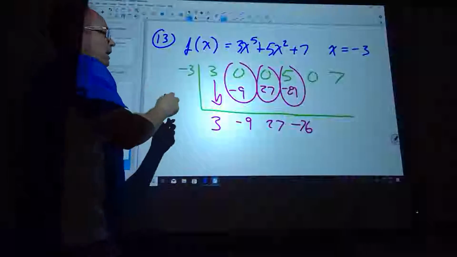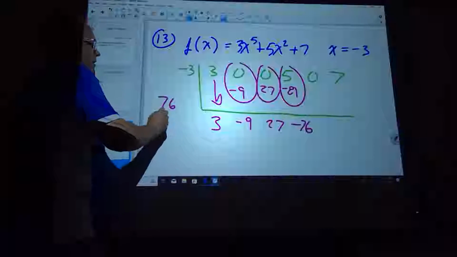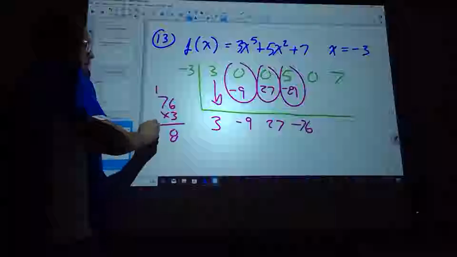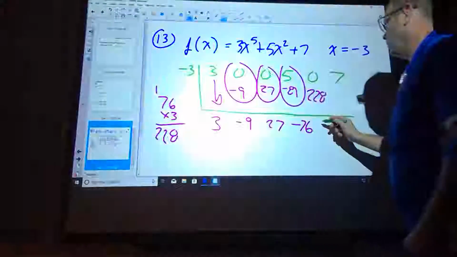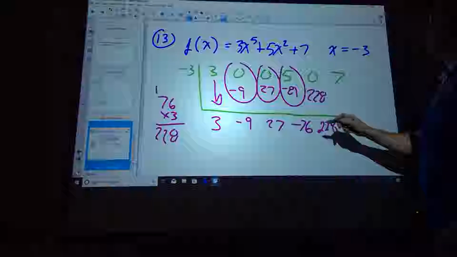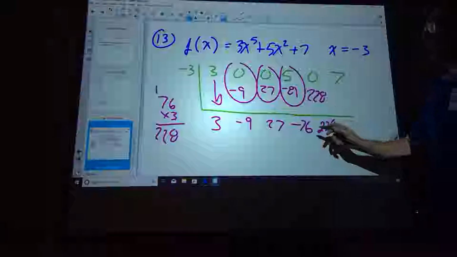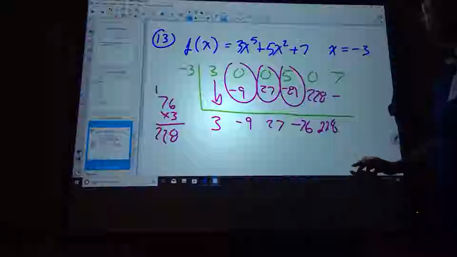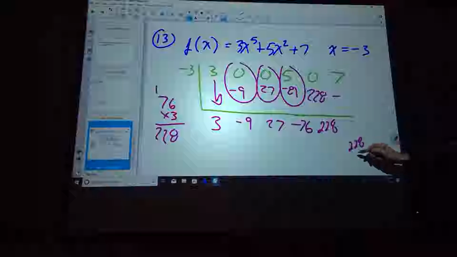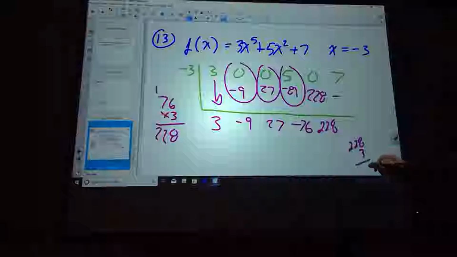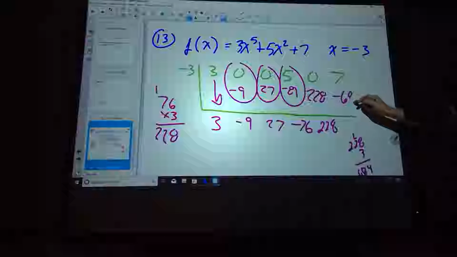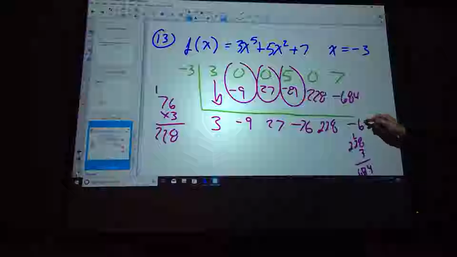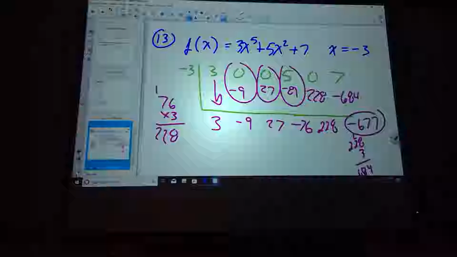No. Negative times negative is positive. 76 times 3 is 228. 228 is going to be negative. And then 228 times 3 is 684, negative 684. Subtract that, so I get negative 677. Did I do that right?